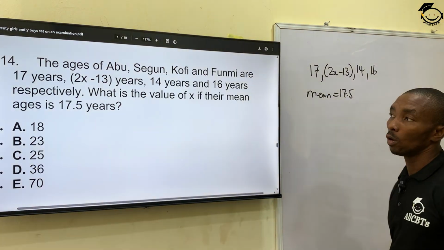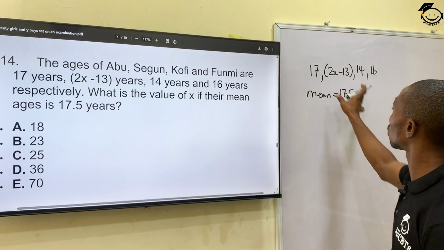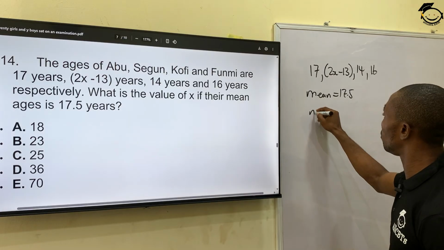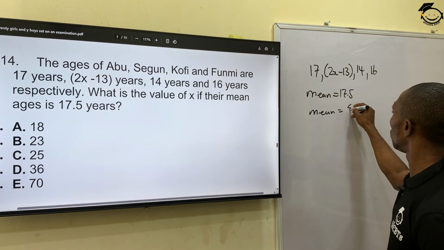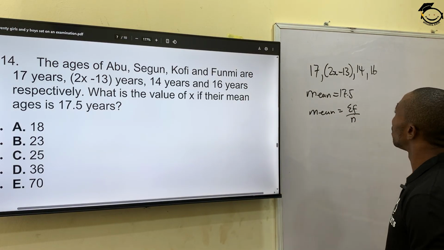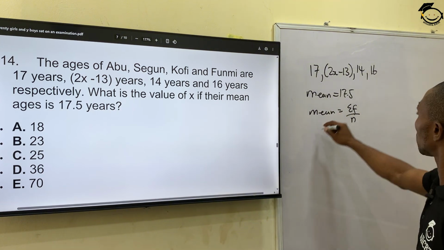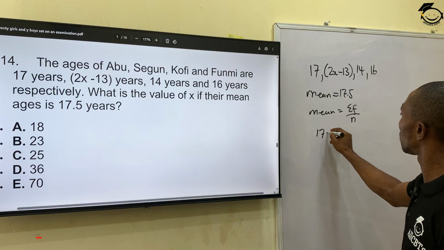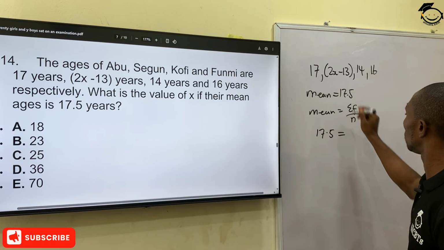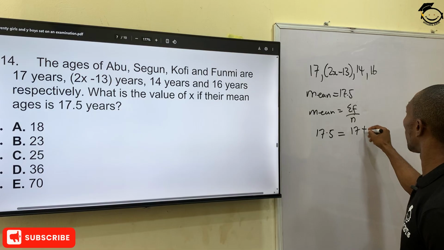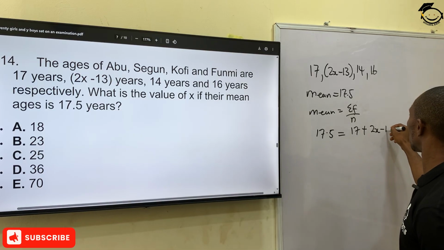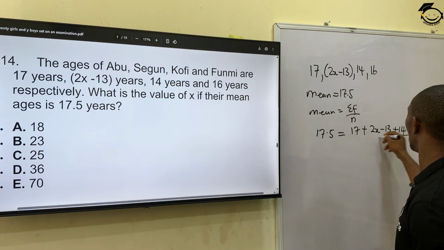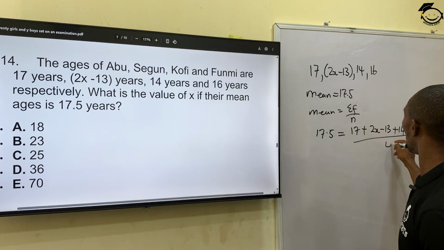Now we know for us to find their mean age, we sum up their ages together divided by the number, where mean equals sigma f over N. Bearing this in mind, our mean 17.5 equals 17 plus 2x minus 13 plus 14 plus 16, all over 4.